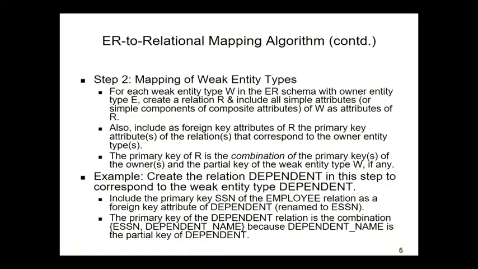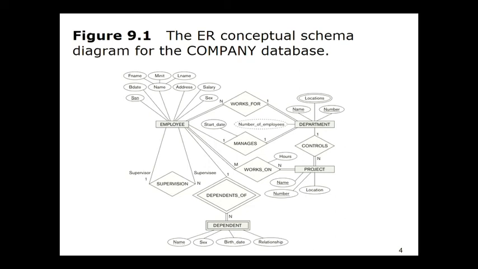Okay, what about the one back here for start date on manages? So this one is a one-to-one relationship, and I have an attribute off of that. What the heck am I going to do with that one? Am I going to make a separate table or relation for this manages so I can hang the start date off of it?